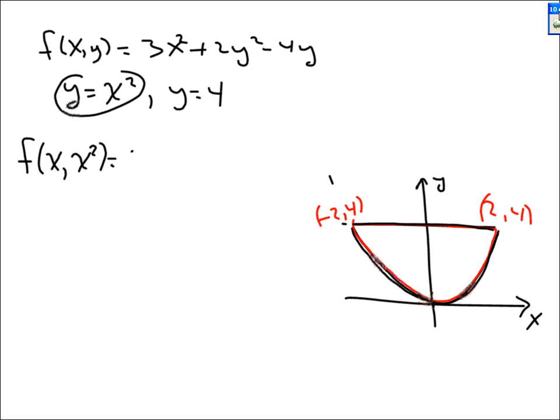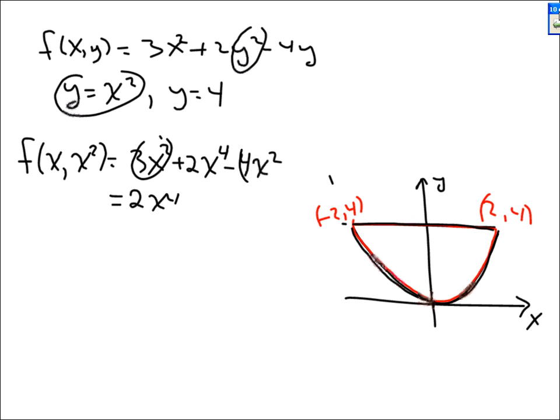So y is x squared. So it's 3x squared plus 2 times, now y is x squared, when you square it, you get x to the 4, minus 4x squared. So you get 2x to the 4, combining these two, minus x squared.